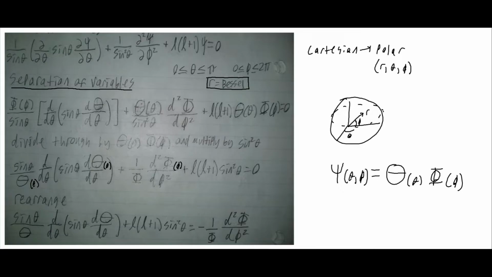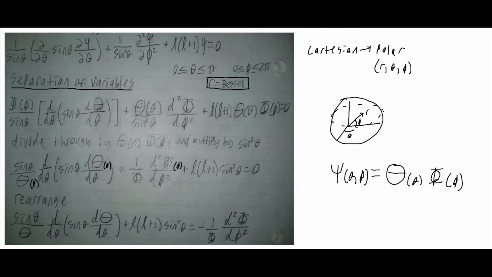What you should notice now is that we have all our thetas in this term here and all our phi's in this term. We have this theta here, but it's in a term separate from the phi.